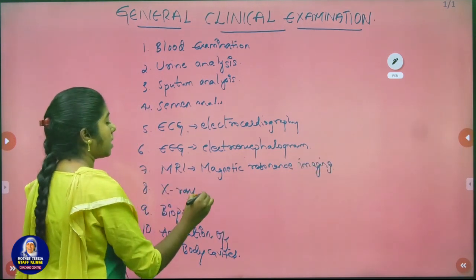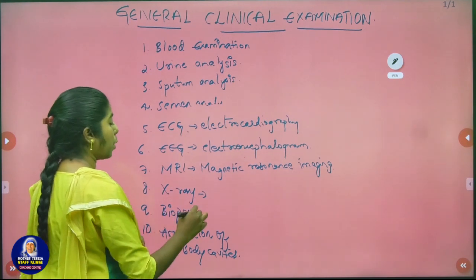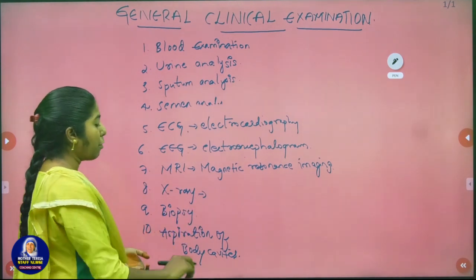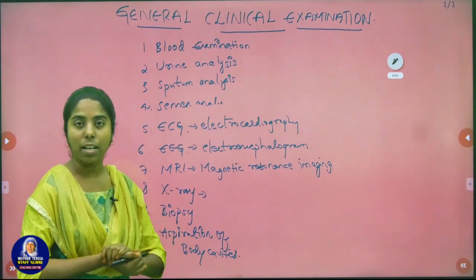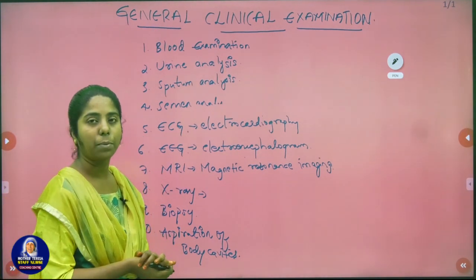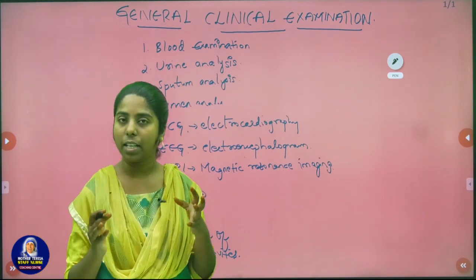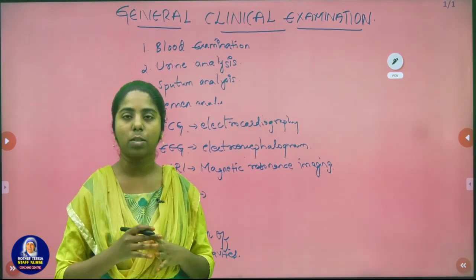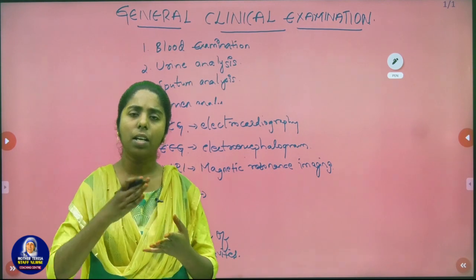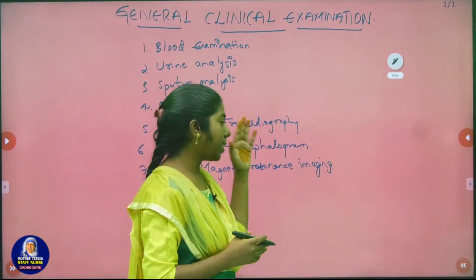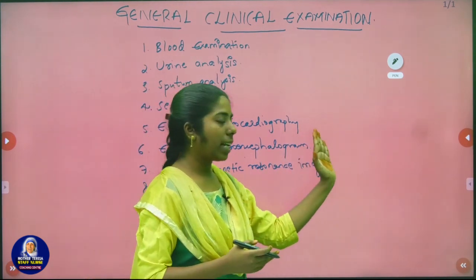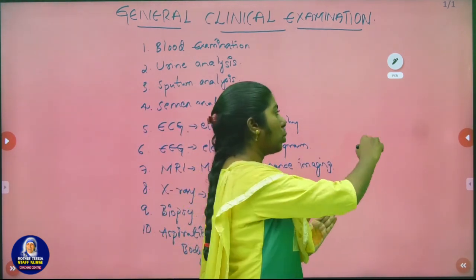Then X-ray, then biopsy, and aspiration of body cavities. These are the 10 most and major important diagnostic procedures done in every hospital setting, in general hospitals, not specific. Other than this, there are other diagnostic procedures.